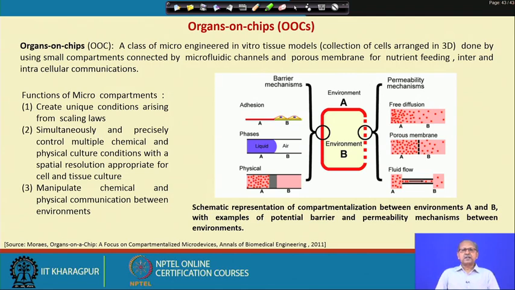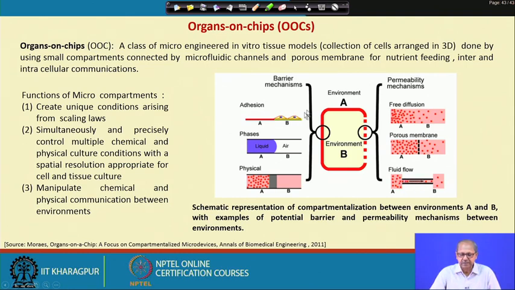In an organ, the tissues are arranged 3-dimensionally in different types of micro environments, and those environments are cross-talking through permeable or barrier mechanisms. Permeable mechanisms include free diffusion of chemicals, porous membranes, like in the extracellular matrix or basal membranes, and fluid flow in microfluidic channels.